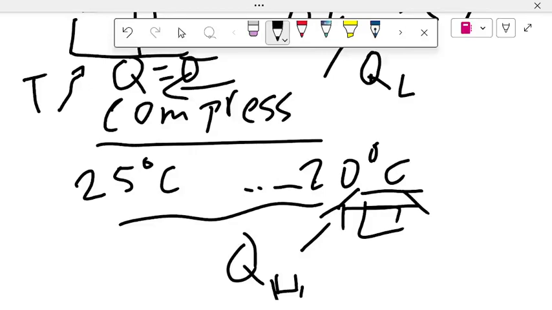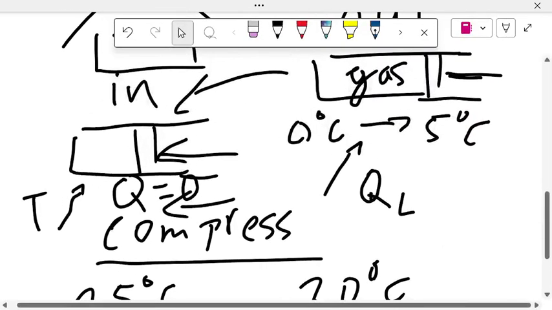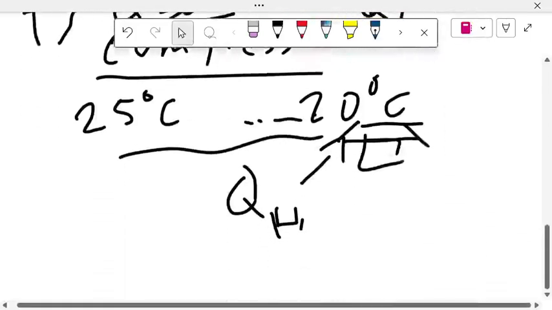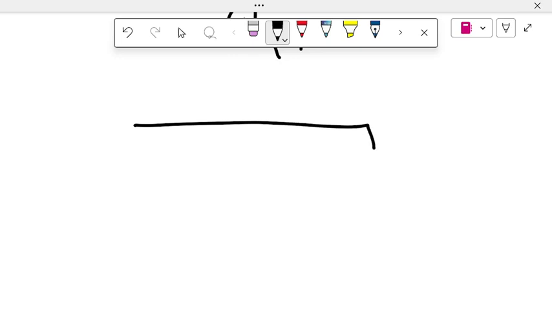Okay, but it's difficult to have a cylinder with a piston to take it from outside and put it inside and so on. So it's easier to have something like this.